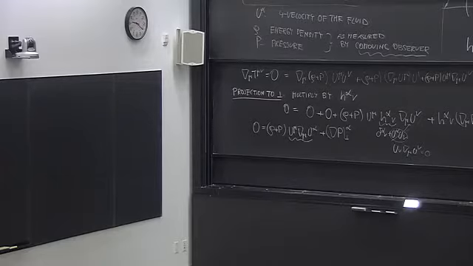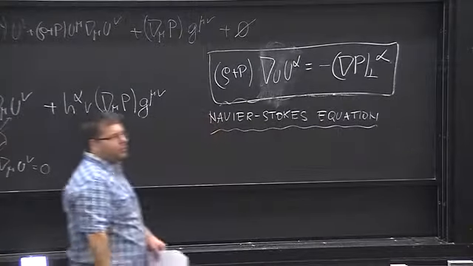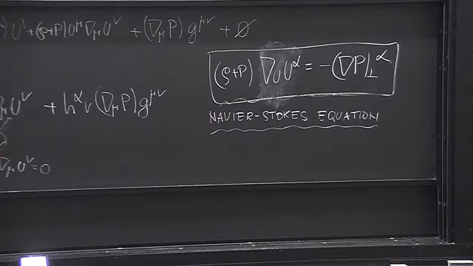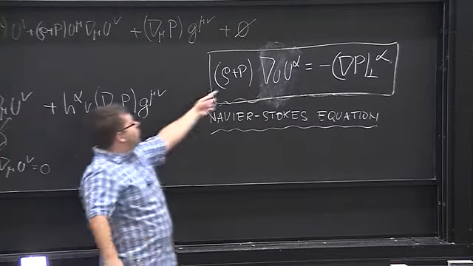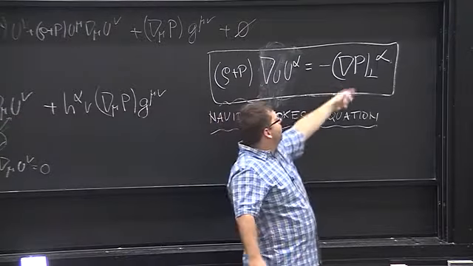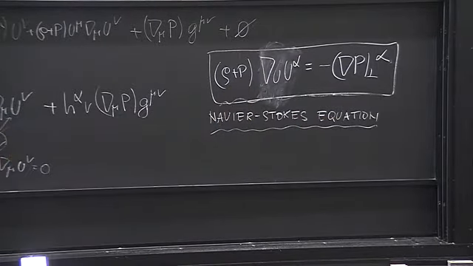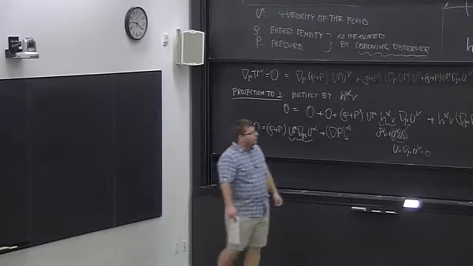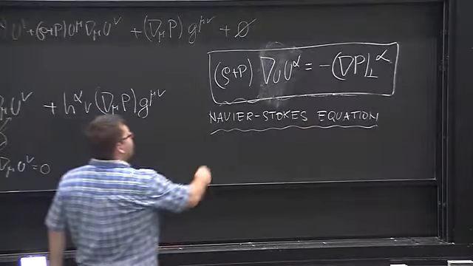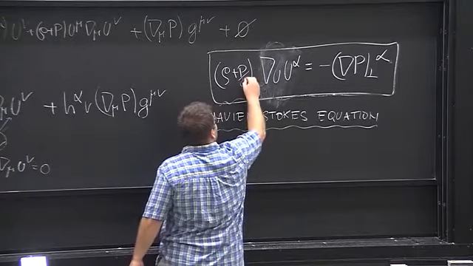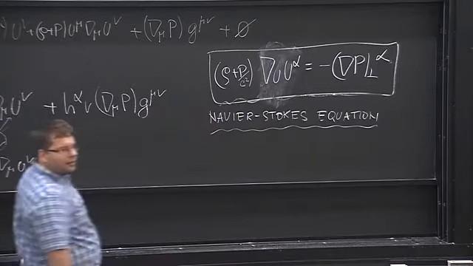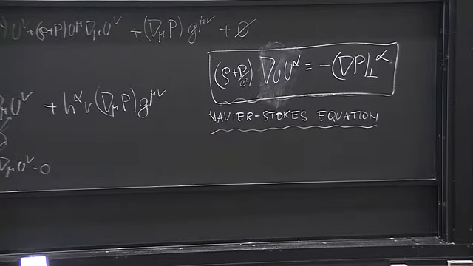Now if I restore the units, some people who have seen Navier-Stokes equations would see rho and the acceleration and the nabla p, but this p term is not there. If you restore the units, it would actually be p over c squared, so the second term would be really suppressed.